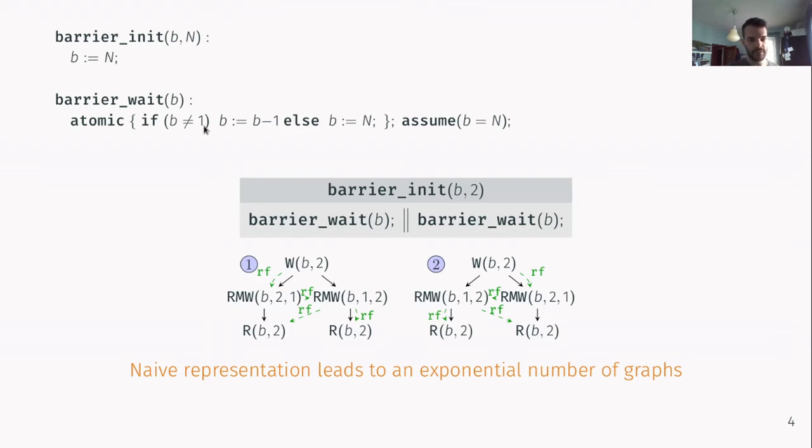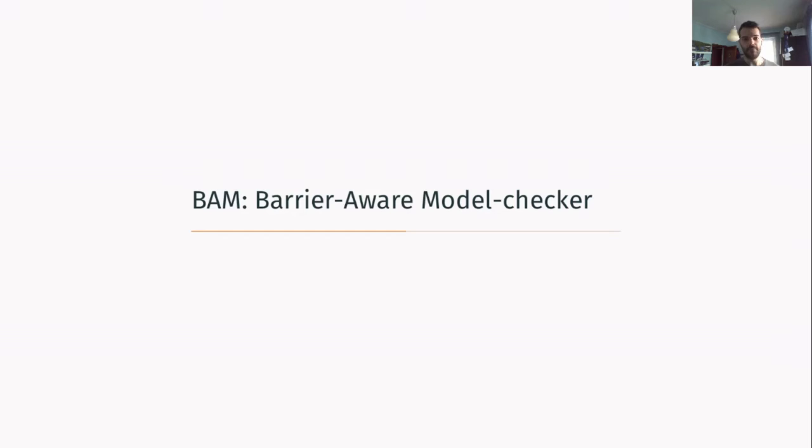Due to these atomic blocks, which are modeled by RMW instructions, these RMW instructions have read and write semantics. And because of that, they have to be ordered. And we have to explore all possible orderings for these atomic blocks. And this is why such programs have an exponential number of graphs, even if they have absolutely no data sharing apart from the barrier. And this is exactly the key insight that BAM leverages.